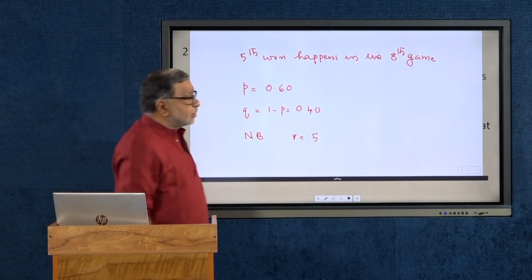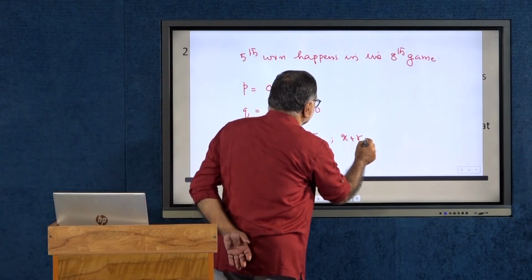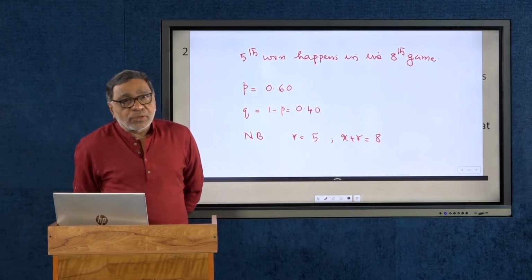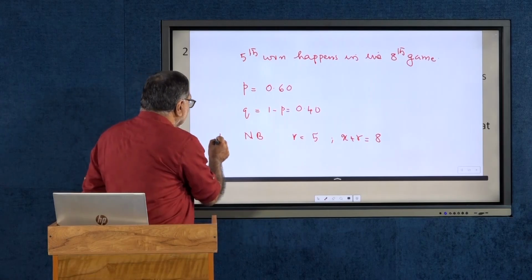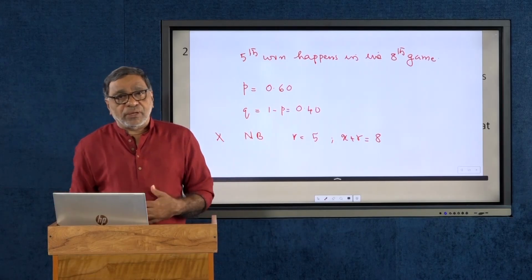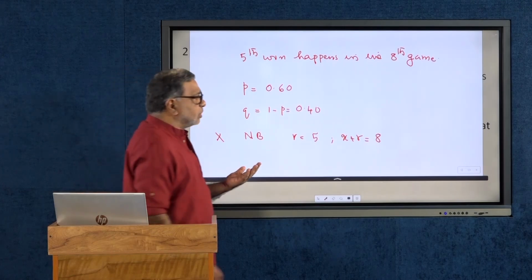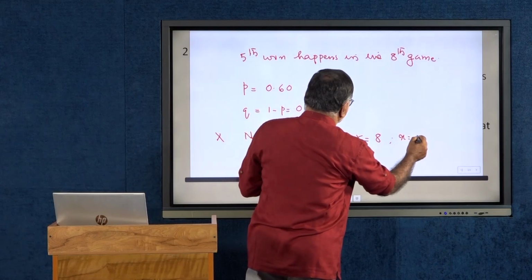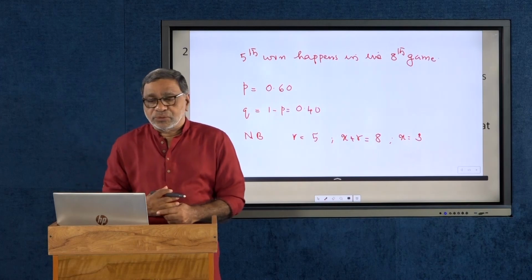And what is x plus r? x plus r means total trials, that is the eighth. So we have a random variable that follows negative binomial with r equal to 5 and x plus r equal to 8, which means x is equal to 3.